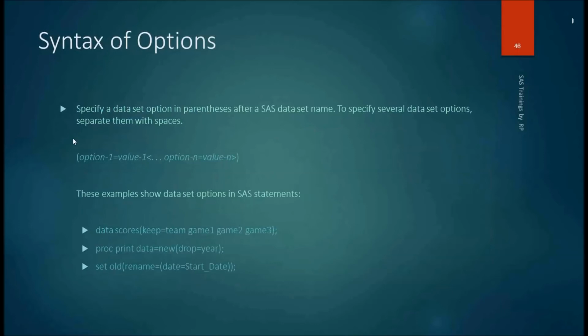If you see the syntax of options here, it is option equal to a variable list or a specified task. In the examples here, I am keeping the variables by using the keep dataset option followed by equal to, keep equals a variable list separated by spaces, and also the drop option and the rename option.